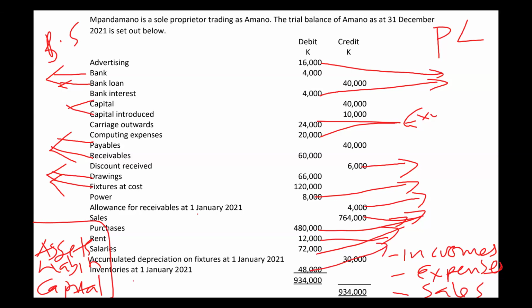Depreciation on assets, where do you take it? So the accumulated depreciation goes to the balance sheet, because this is the level of loss that has occurred on the asset, the value that the asset has lost from the time you acquired it.